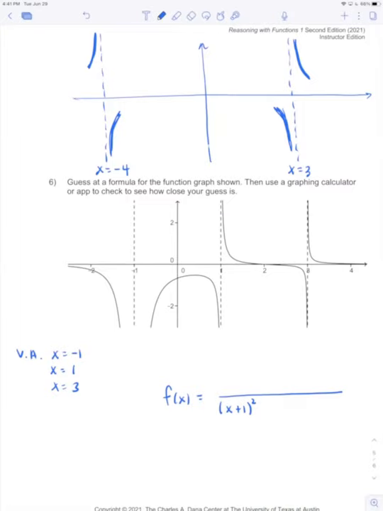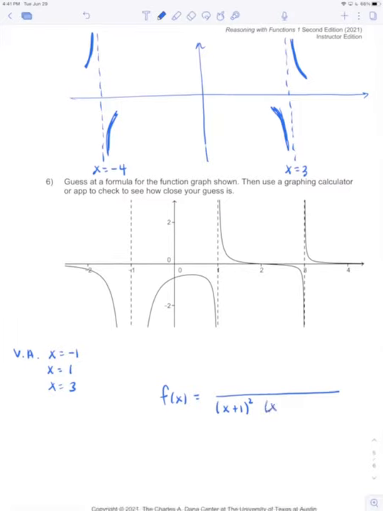So I'm going to square that, and then I have x minus 1. That is, the curve is below and above the x-axis, and then x minus 3. Again, part of the curve on the left is below the axis, above on the right side of the asymptote at x equals 3. And we can also see that we have a 0 at 2. So x minus 2 could be the numerator.